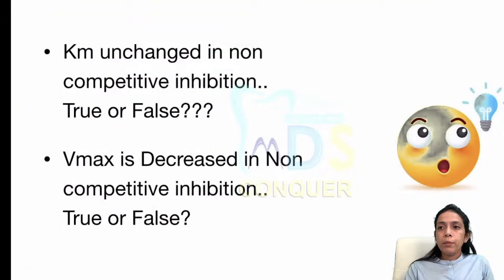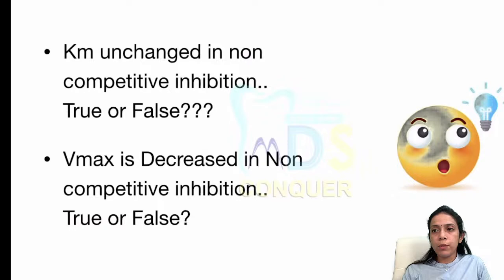Now coming to the next question. So the Km is unchanged in non-competitive inhibition, true or false? And Vmax is decreased in non-competitive inhibition, true or false?